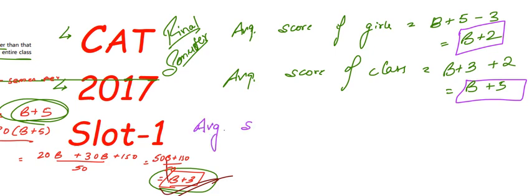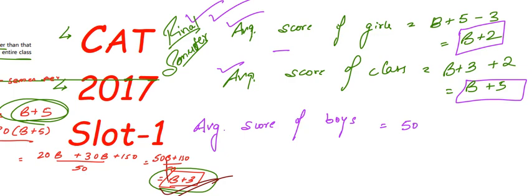The average score of boys in the final examination will be equal to the average score of the class minus the average score of girls. Here we have 50 students, so this will be 50 into B plus 5, minus 30 girls into B plus 2, that is their final semester average score, divided by the 20 boys.